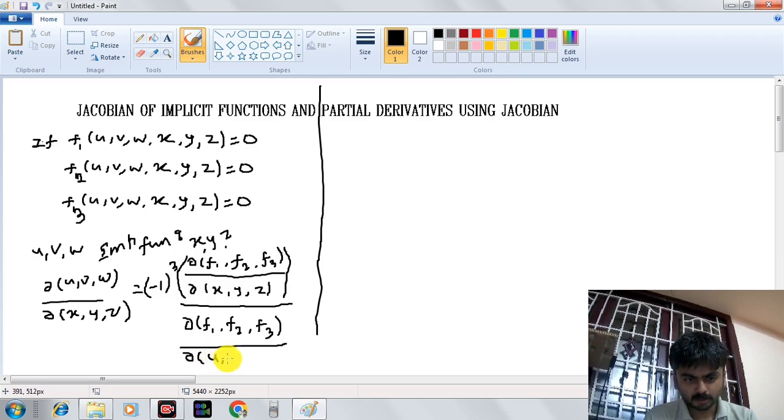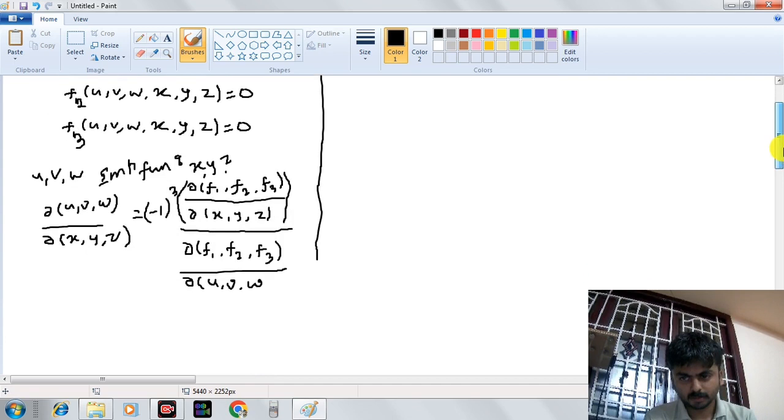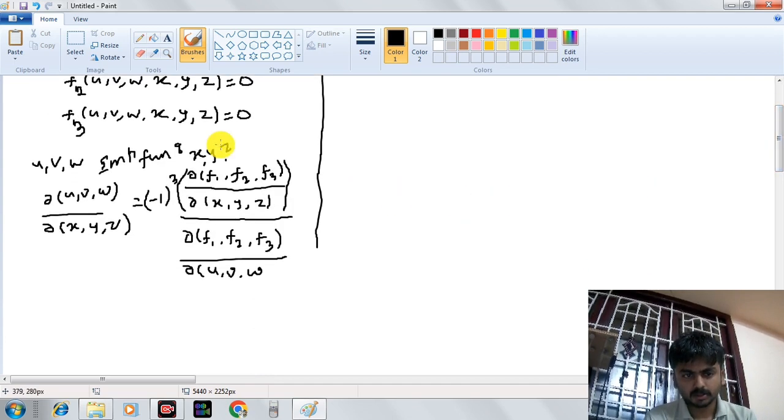Now this is our formula for the Jacobian of implicit functions.